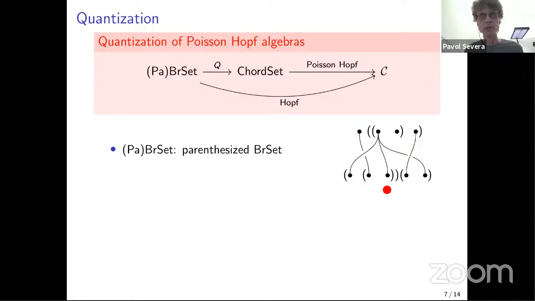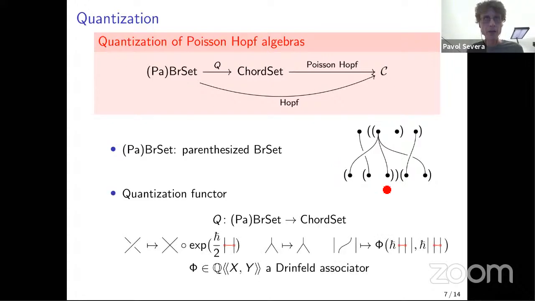So that category is simply equivalent to braided sets. Nothing happened here. And then this quantization functor goes from these parenthesized braided sets to chorded sets. The way it's done is an already reasonably old idea of Drinfeld, how to basically turn anything infinitesimally braided to braided.